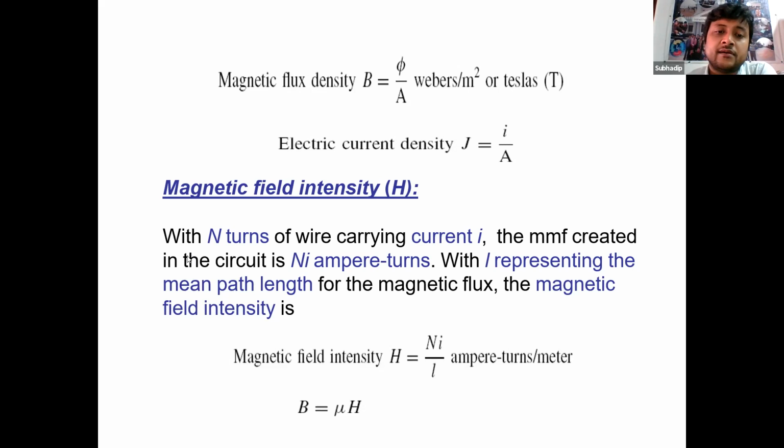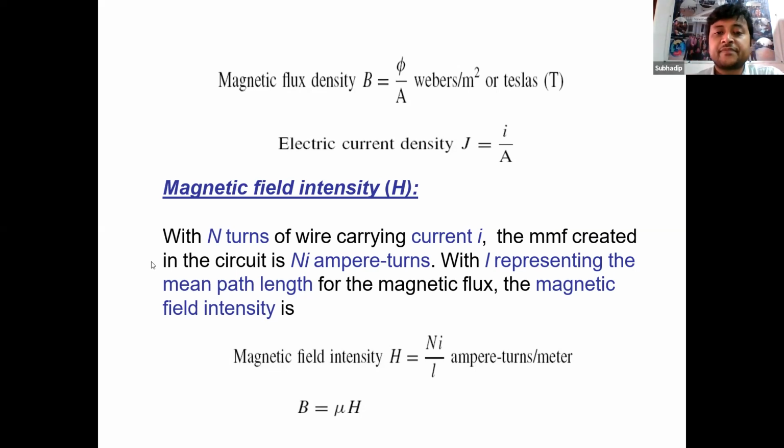Suppose the current carrying wire has N turns, and the total current flowing is I. So what mmf will be created, that is magnetic force?